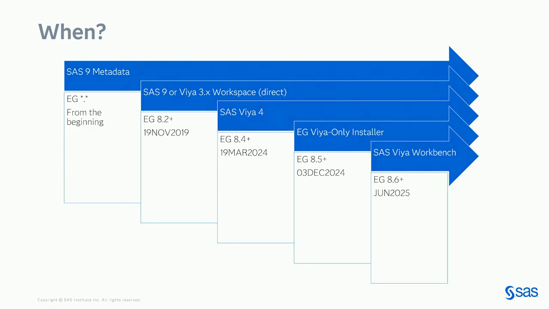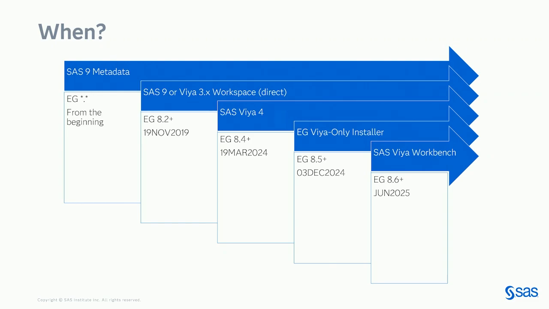And this was important because prior to that, even though Enterprise Guide worked with VIA 4 and it worked with VIA 3.5, the only way to get Enterprise Guide was to place a V9 order. Now, with the EG VIA-only installer, you can go to the download site on support.sas.com and freely download this EG installer and use it with VIA connections.